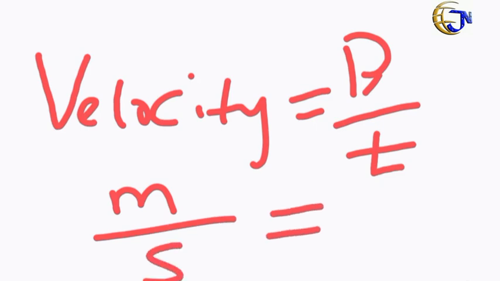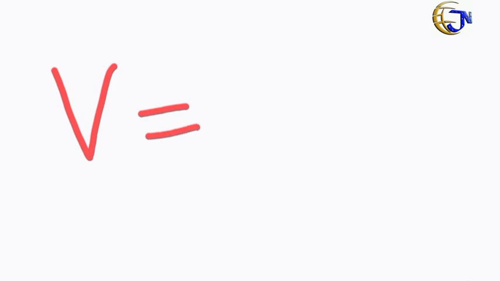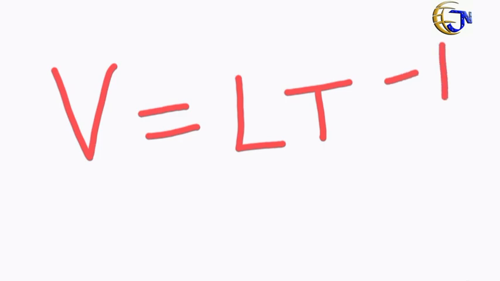So we can write the dimension for velocity as, remember, meters is L, and time is in seconds, T. So the dimension for velocity finally will be V is equal to LT raised to power minus 1.